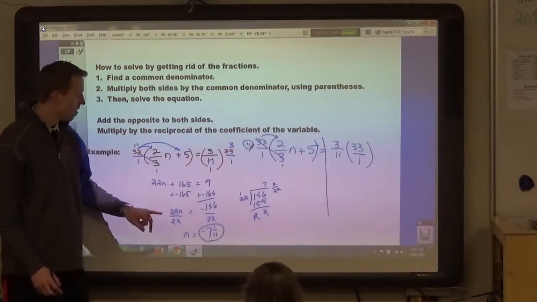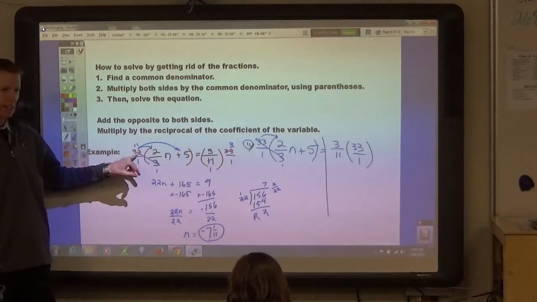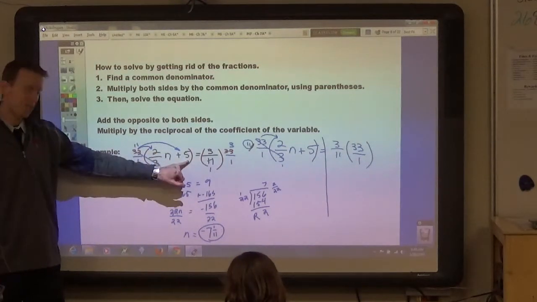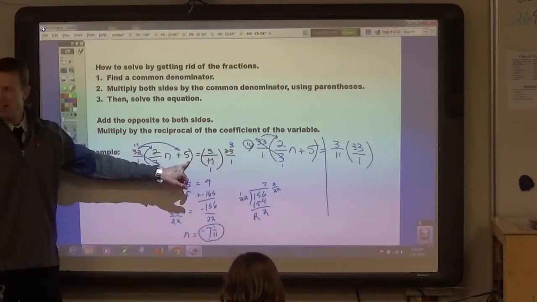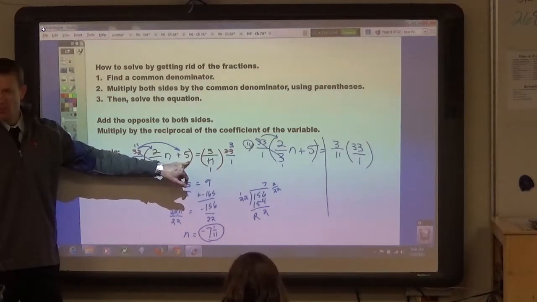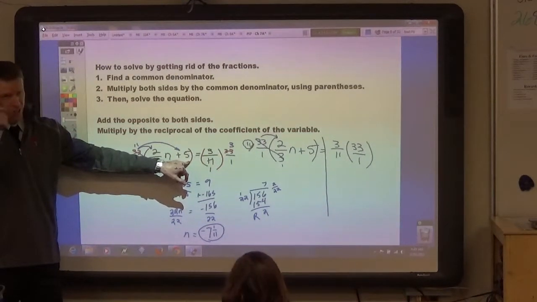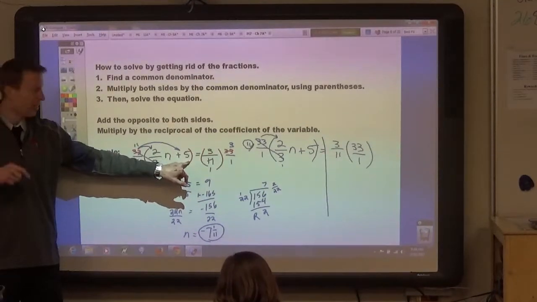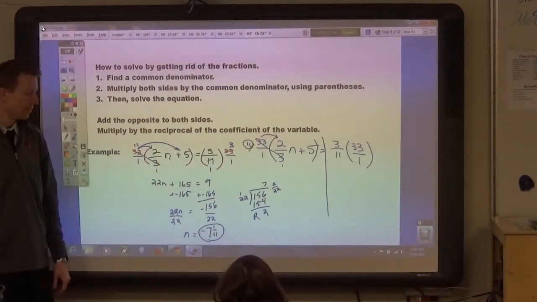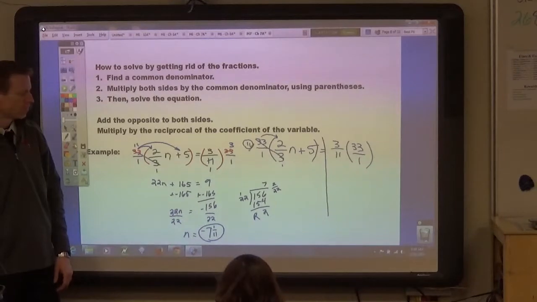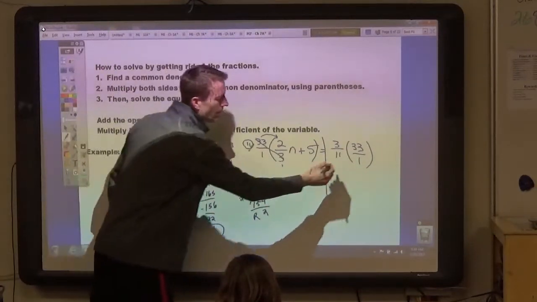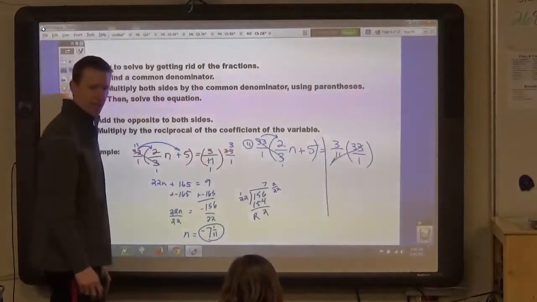And then go back to the 33, because we have to multiply the 33 times 5 also. You can do that on your calculator. Or just think 30 times 5 is 150, and 3 times 5 is 15, so you might be able to get that in your head also, 165. Then on the other side, we get rid of the fraction, don't we?